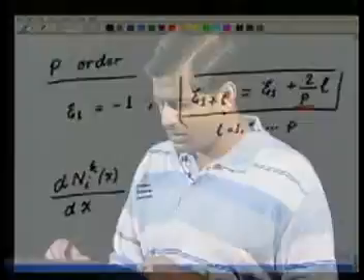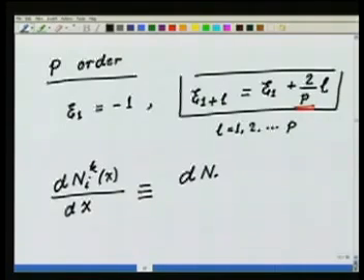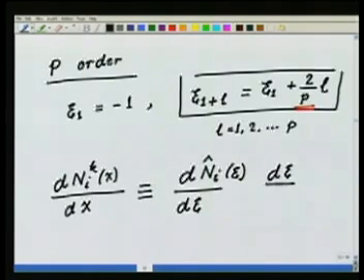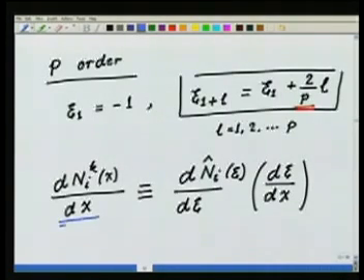So this will now become equal to this. That is, the derivative with respect to x will now be given in terms of the derivative of the shape functions defined in the master element with respect to psi, into the derivative of psi with respect to x.